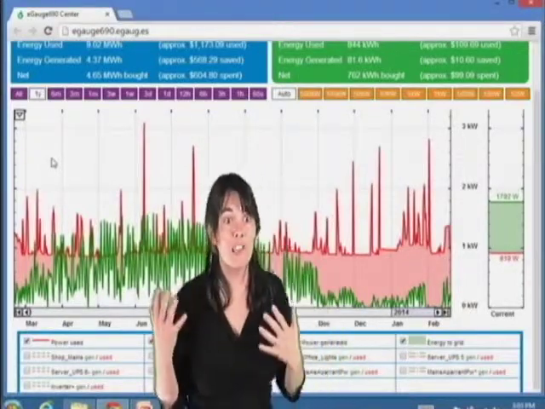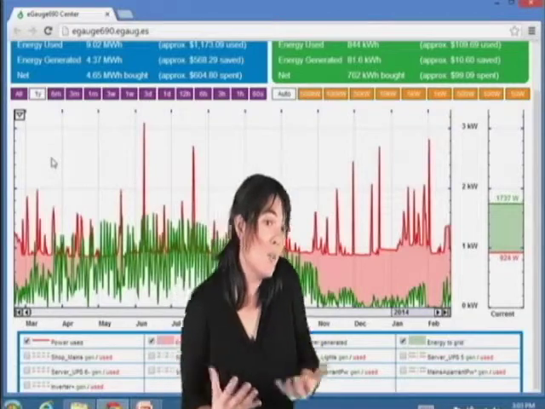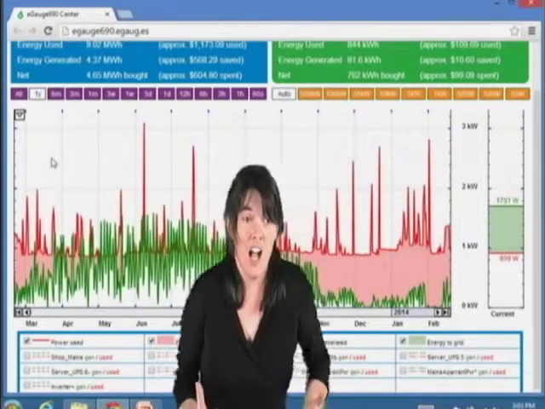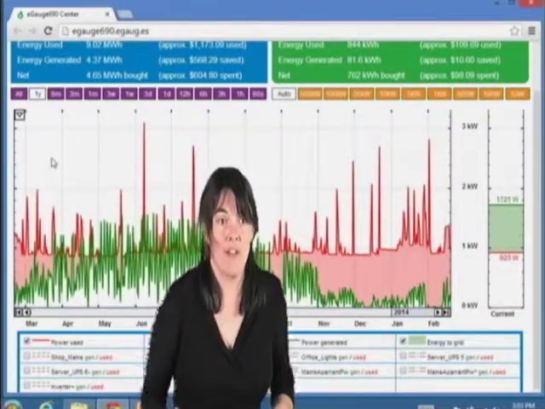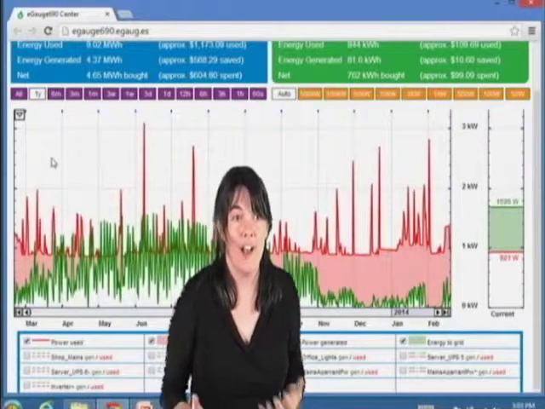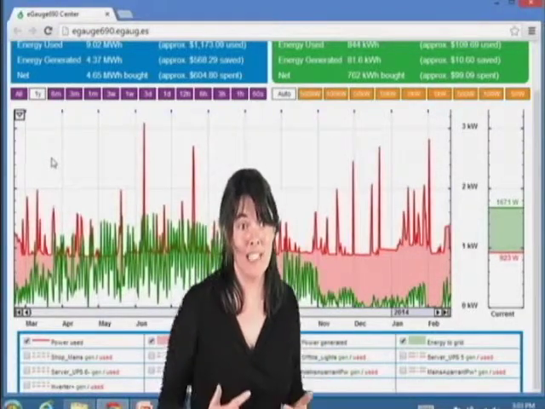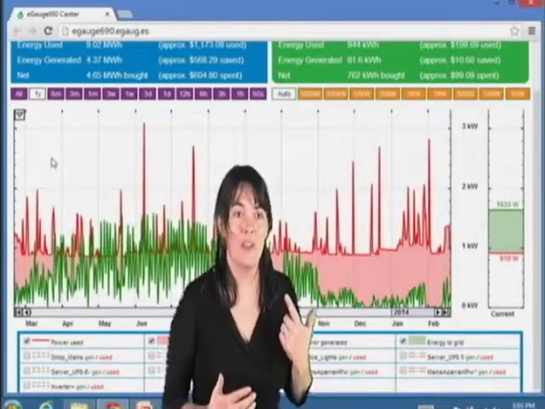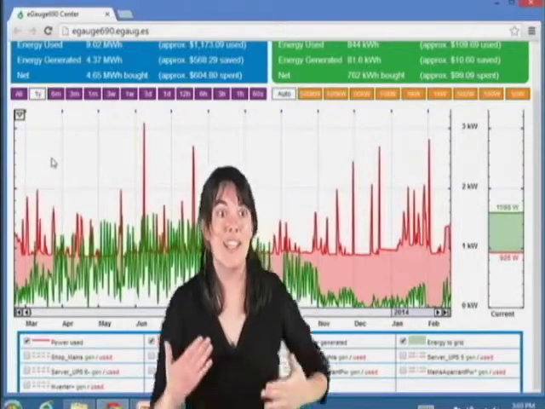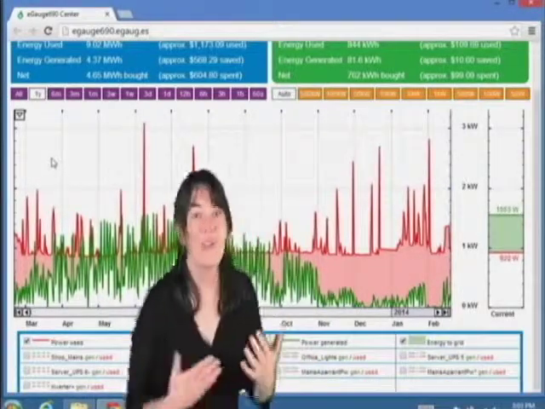But there are things like your computers that in the middle of the night you probably don't need on. I know a lot of us have our computers set to do updates in the middle of the night, so we leave them on. Well, you can work around that.